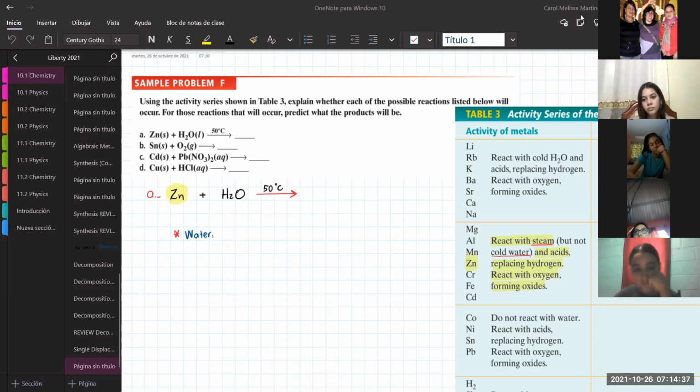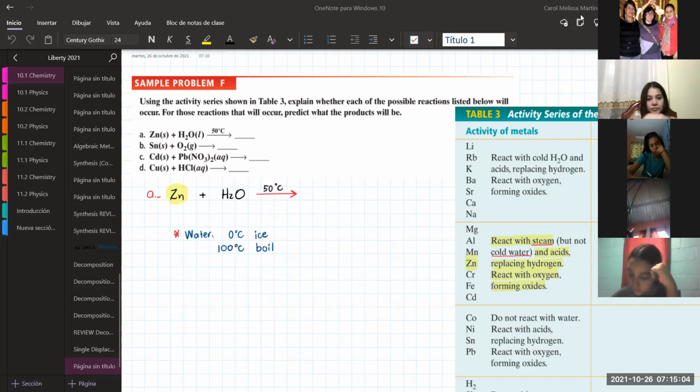Water has two main temperatures. At 0 degrees Celsius, it becomes ice, okay? It freezes into a solid. But water at 100 degrees Celsius begins to boil, okay?